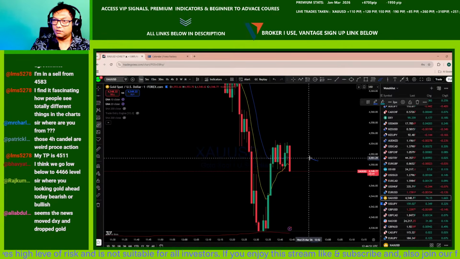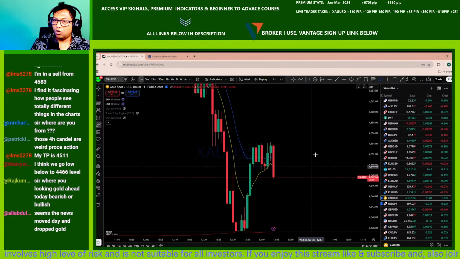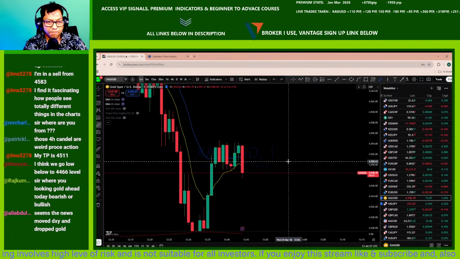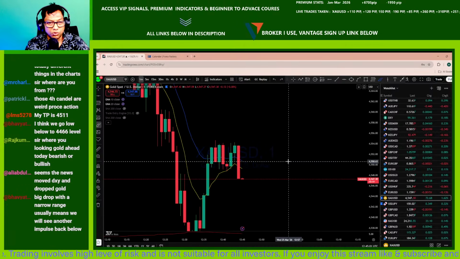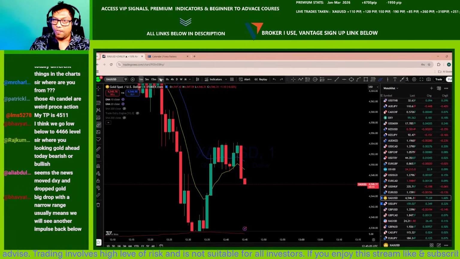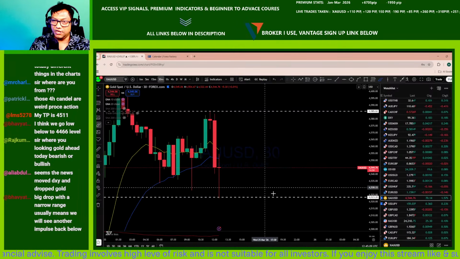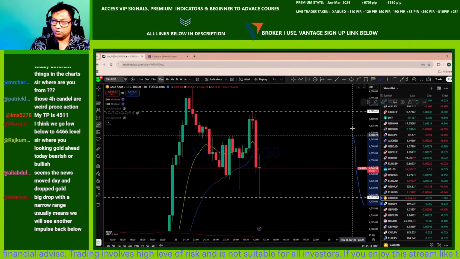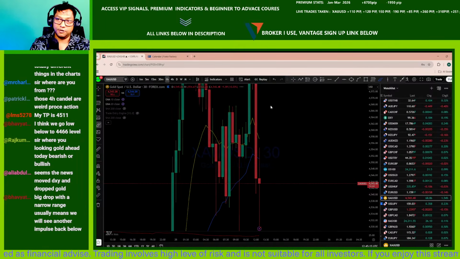And if you look at that, that's a strong consolidation here in that area. A big drop with a narrow range usually means you will see another impulse back below. Okay, let's see that here. The price action is now showing two-way directional possibilities.